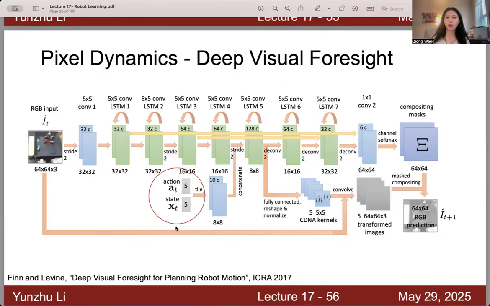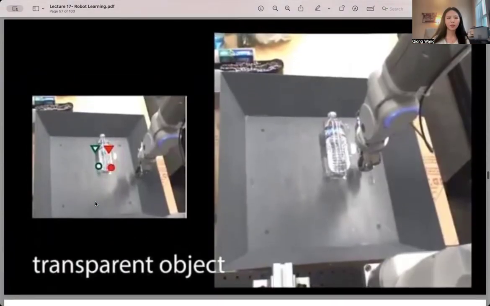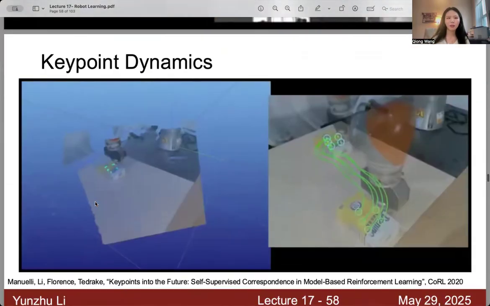This means we composite a mask between the original input image and the action prediction, a small image. This is a transparent object example.